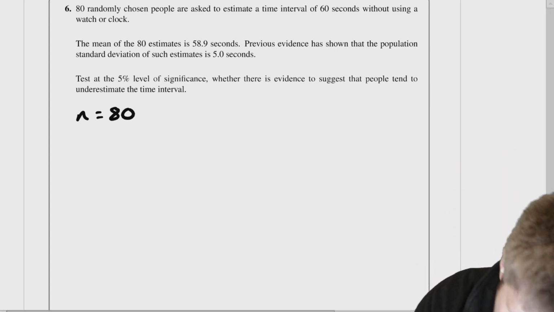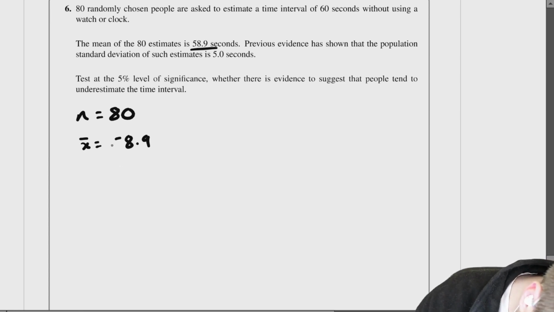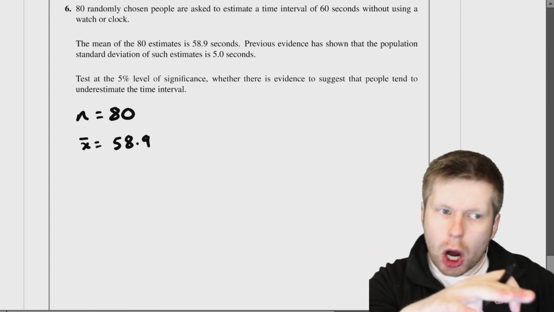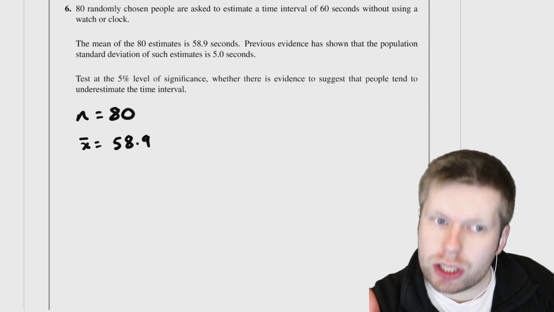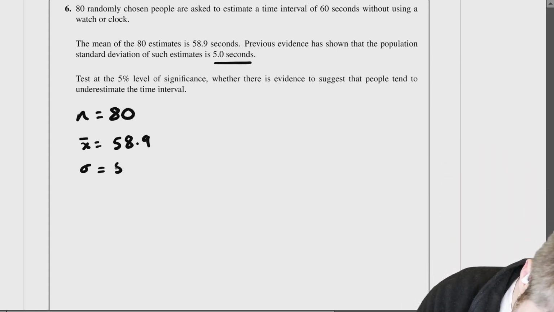Now we're told that the mean of the 80 estimates is 58.9 seconds. So in other words, x bar is 58.9 seconds. We're also told that previous evidence, so not this sample data, but previous evidence instead, has shown the population standard deviation is 5 seconds. So we're given sigma, which is equal to 5.